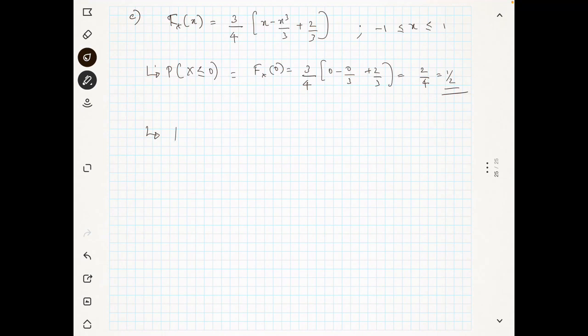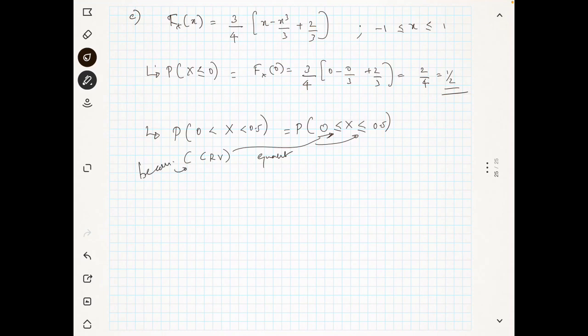Now the second part, I will write it. The probability that x is between 0 and 0.5, and we are talking about the continuous random variable. So this is nothing but the probability that x takes the value between 0 and 0.5. That means less than or equal to can be included because it is a continuous random variable. That's why we have included the equality also here. So this is nothing but Fx of 0.5 minus Fx of 0.